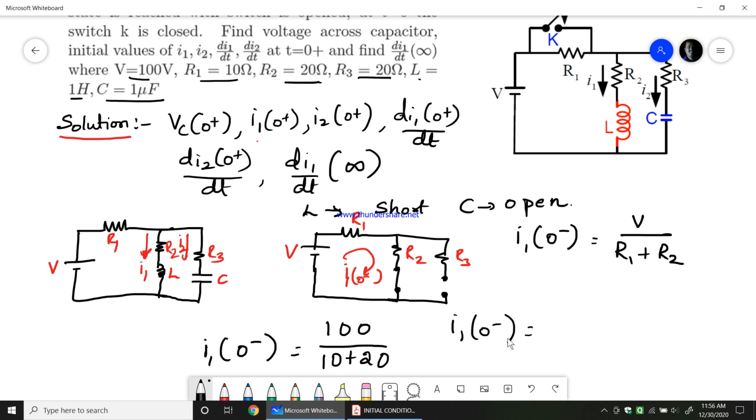If you look into the calculator, 100 divided by 30 would be equal to 3.3 amps. Sorry, 100 divided by 30 is 3.3. Okay, fine. So I1 of 0 minus is calculated.